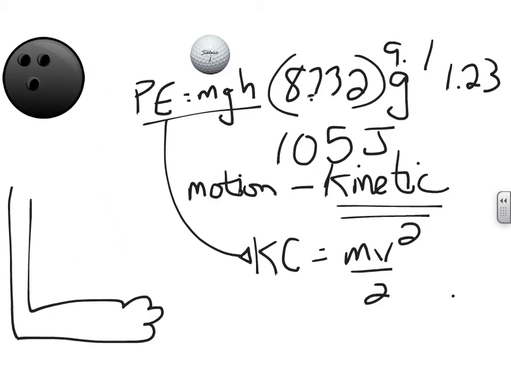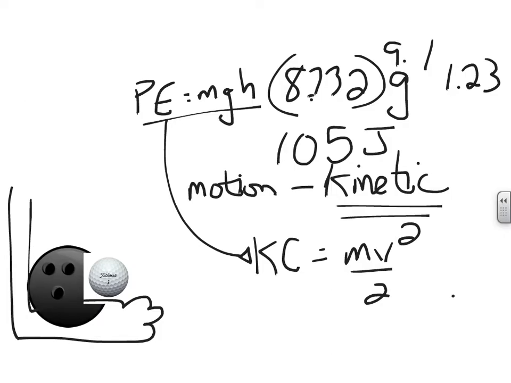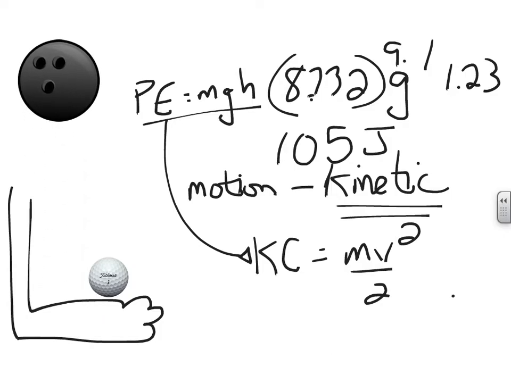Of course, if we have a golf ball instead, I can put the golf ball super high over your foot, and you don't care if I drop that one, because it's going to have much less kinetic energy. It's still going to go the same speed the ball would if they fall from the same height, but of course, its mass is so much smaller that you don't care, and you would like that a lot more.